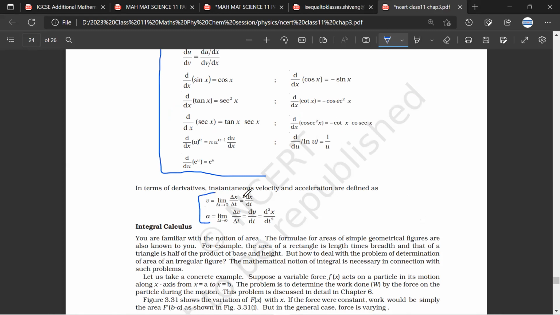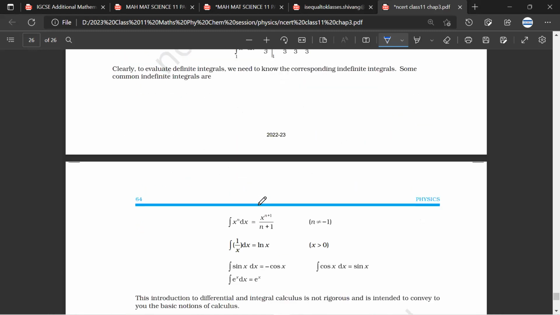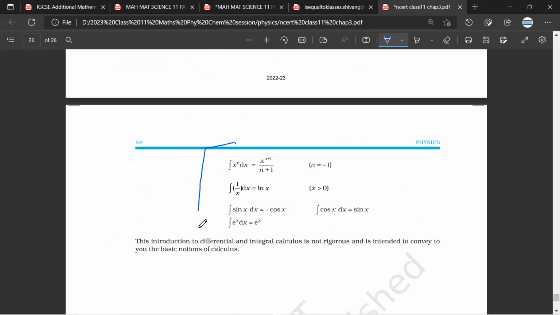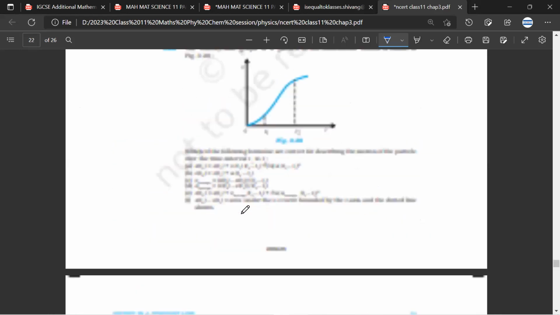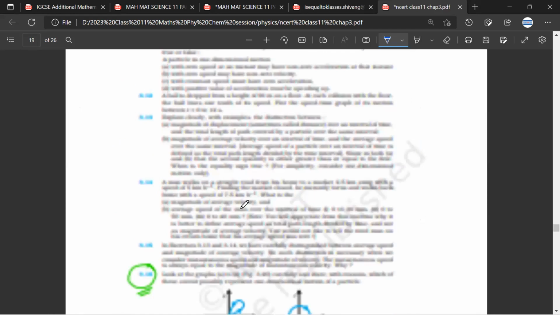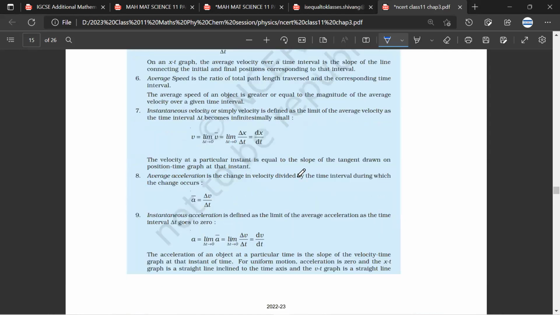This is where we are. And after having covered this, we'll try to understand these basic rules of integration also. In the next 1 or 2 lectures, we'll be moving on to integration. We'll try to understand how integration looks and how it helps us. So, for example, in this textbook, when they talk about velocity being dx by dt and acceleration being dv by dt, this is the part of the chapter that we are covering.